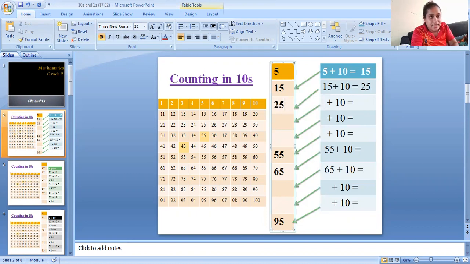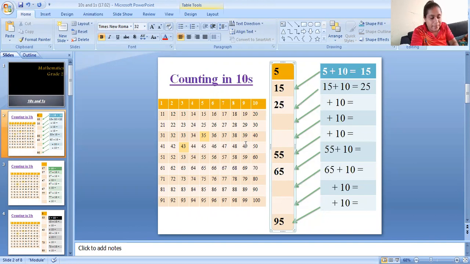And there is another method to find the answers in an easy way. For that we can use, what is this? This is the 100 square. Can you remember that we used this in our previous lesson? Yes, likewise we can use this 100 square too to find the answer. It is very easy to count in 10.